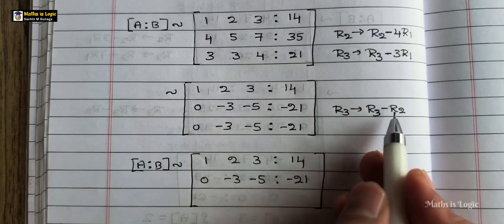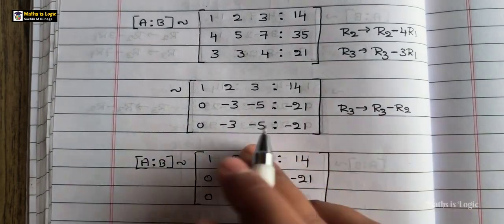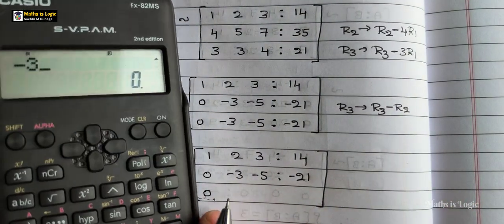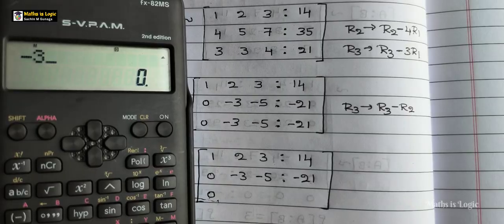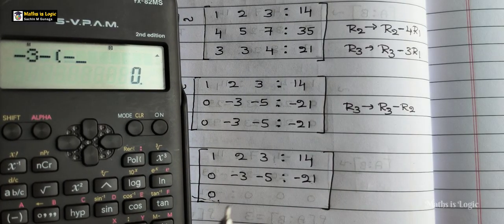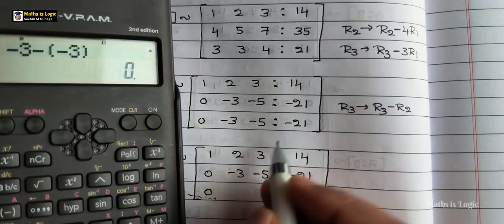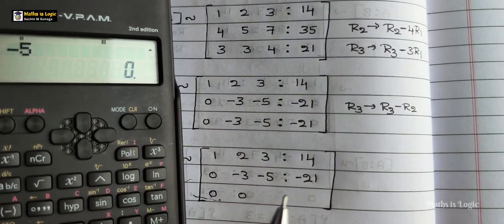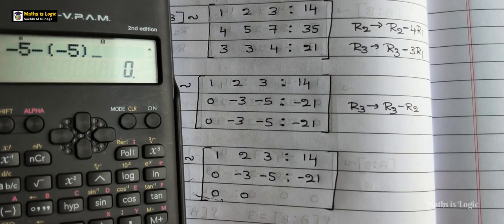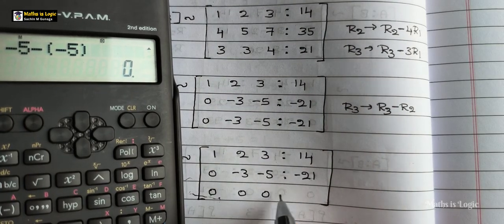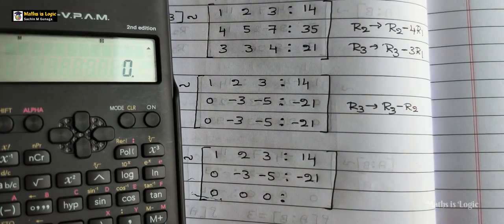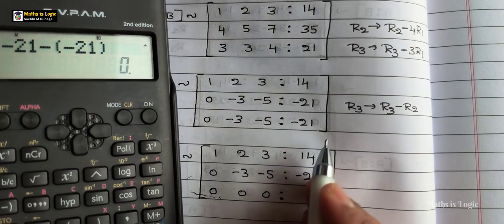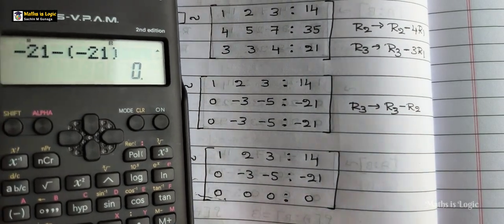Next R3: 0 minus 0 is 0. Minus 3 minus of minus 3 is 0. Minus 5 minus of minus 5 is again 0. Minus 21 minus of minus 21 also directly goes to 0.